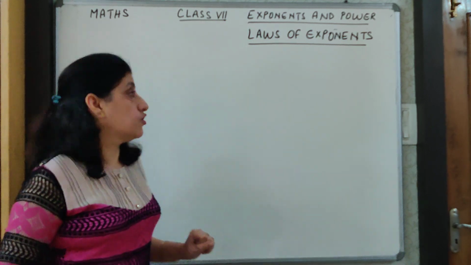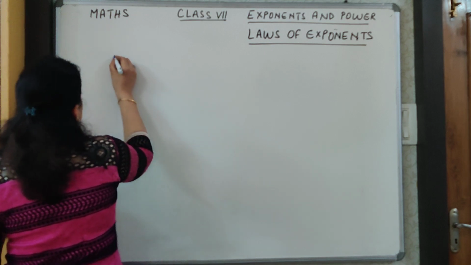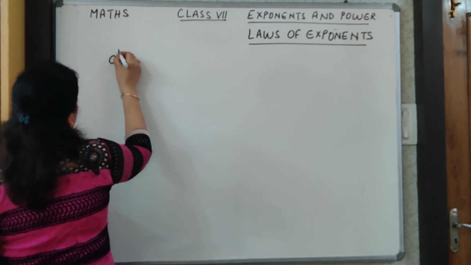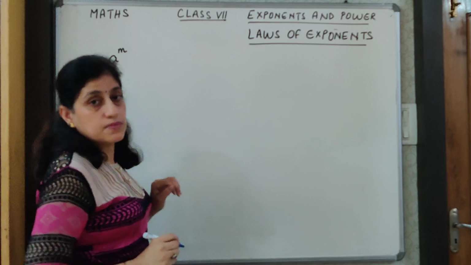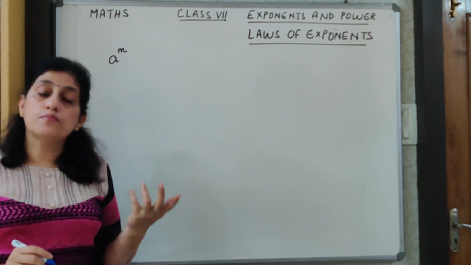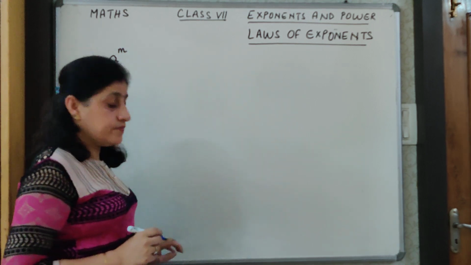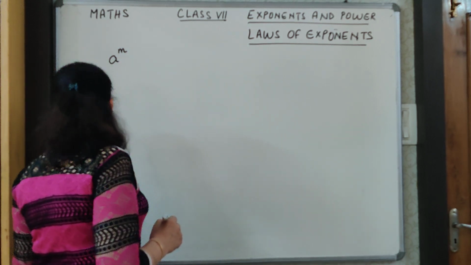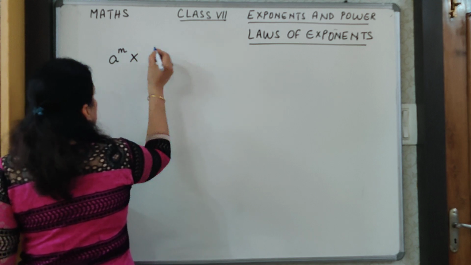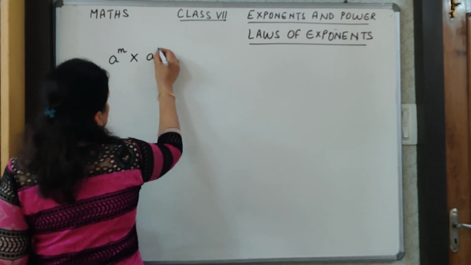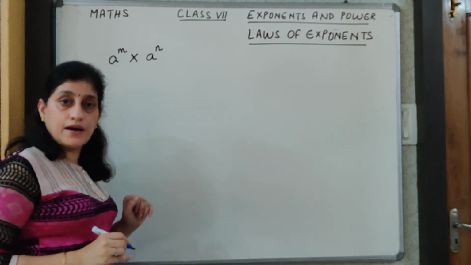Coming to the first law, you very well know that this is called the base and the number of times the base is multiplied is called the power or the exponent. Suppose I have any base a and the power as m, it is multiplied to another number which has the same base but a different power.